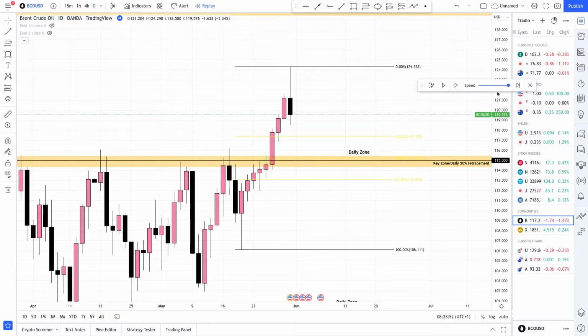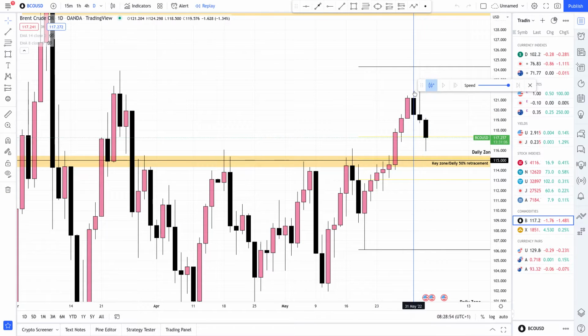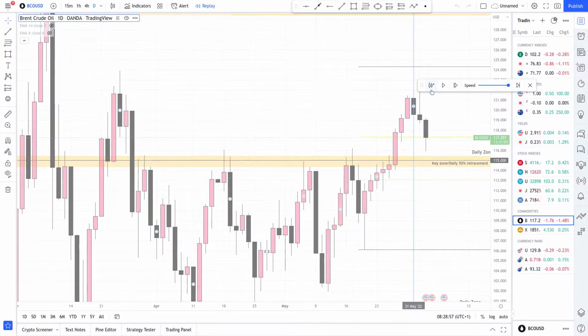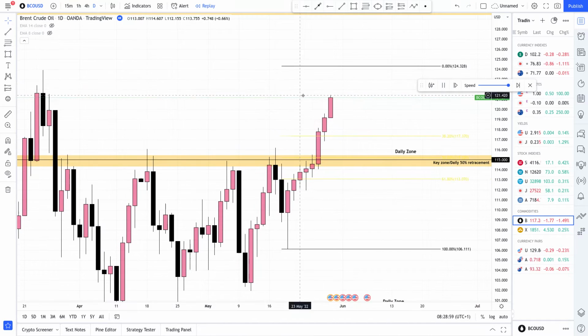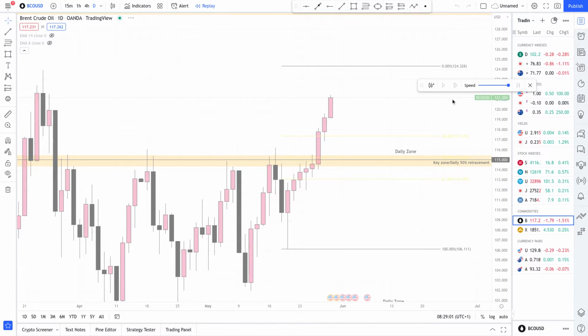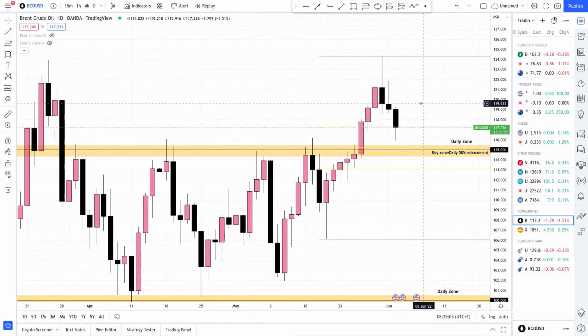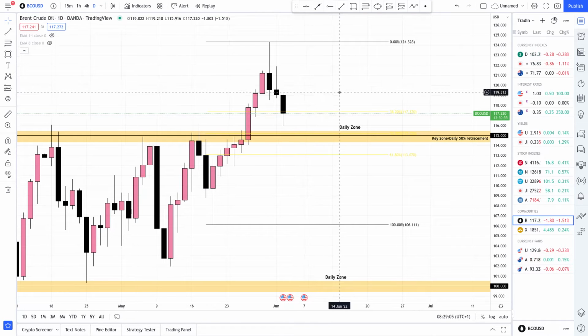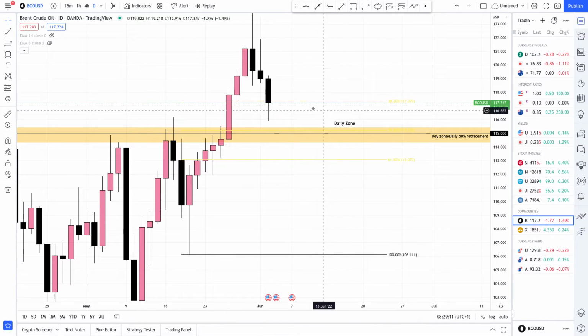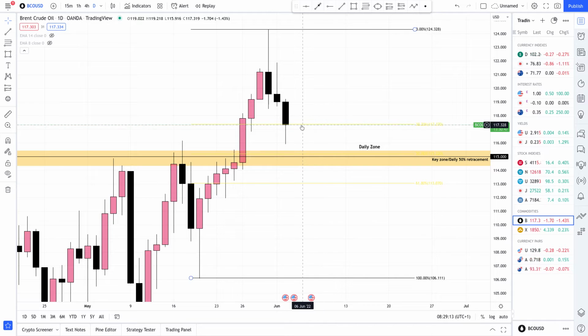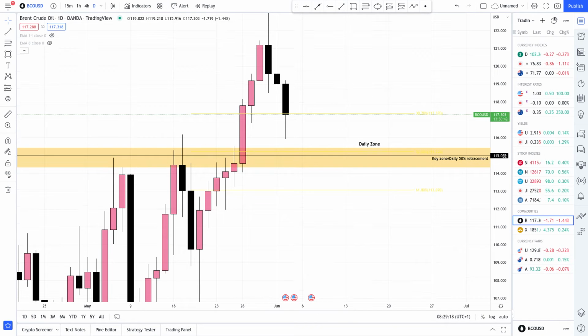And when price developed a little bit more, you could see that price has retraced all the way down to the 38 retracement at the moment, but we could possibly see a continuation down all the way to the key zone where it's $115 per barrel.